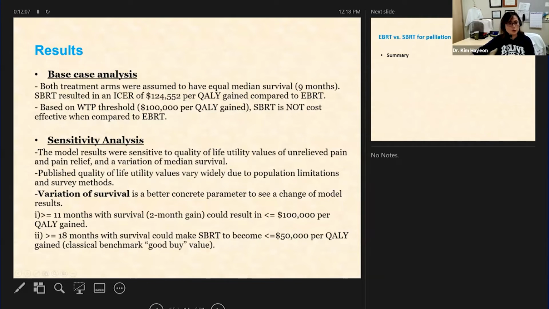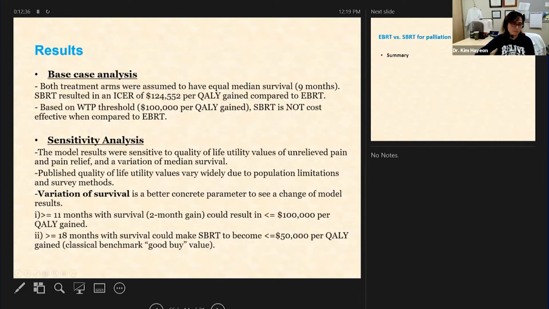So when you go to the variation of survival, that's a better concrete parameter to see a change in model results. At that time, we put the base case median survival as 9 months. But when we put even 2 months more survival, SBRT was cost effective compared to external beam single fraction.